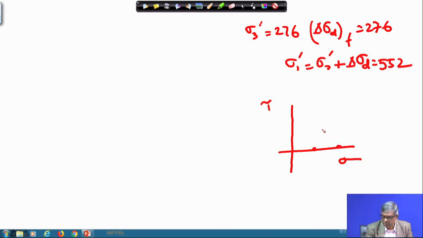So, I can draw a circle. Okay. And then I can have the envelope something like this, and that means I have this one.